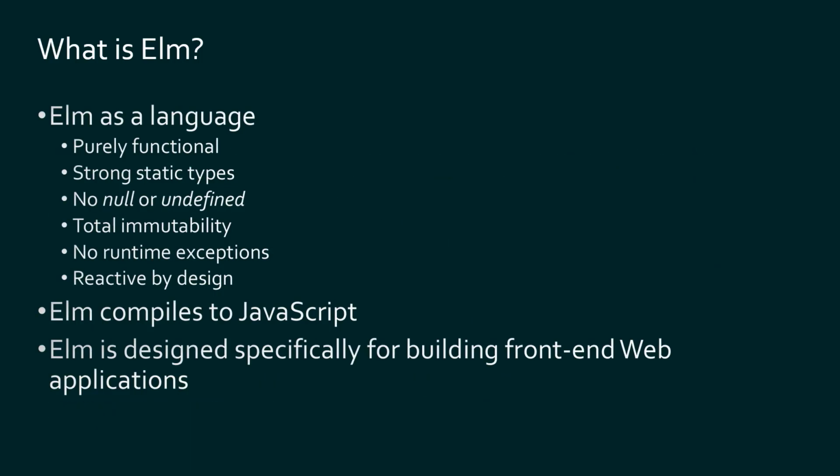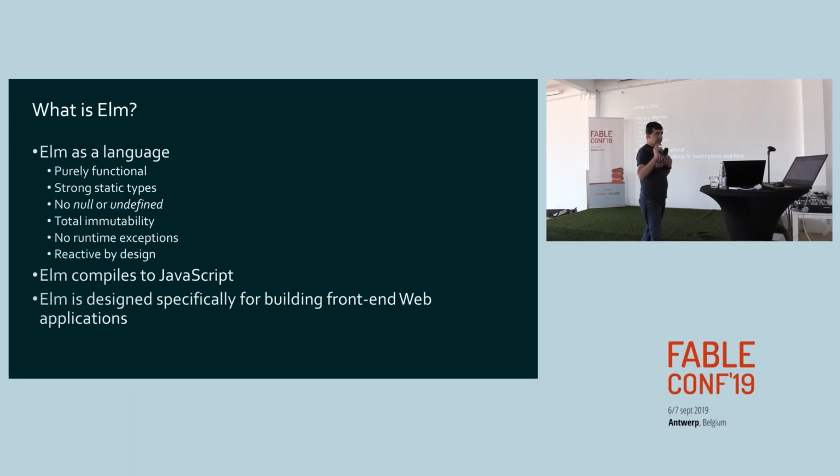So Elm is functional, it's immutable, it uses strong, static types. If you haven't worked with Fable at all and you want to explore options of using functional programming on the front end, maybe Elm is the best place to start, even for an F# developer, because it's designed specifically to build web pages.